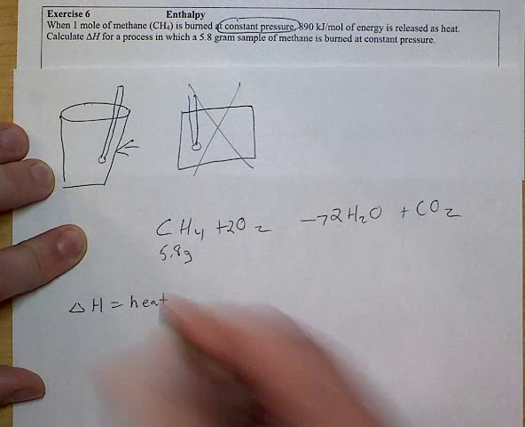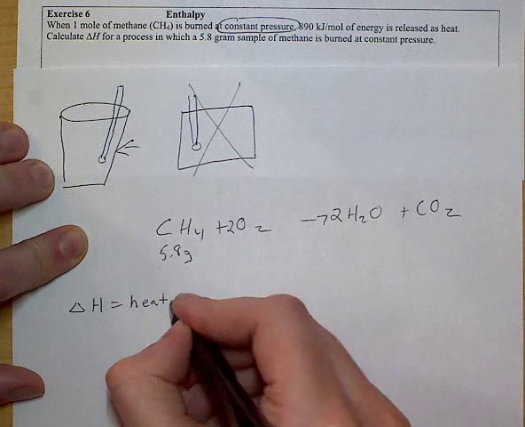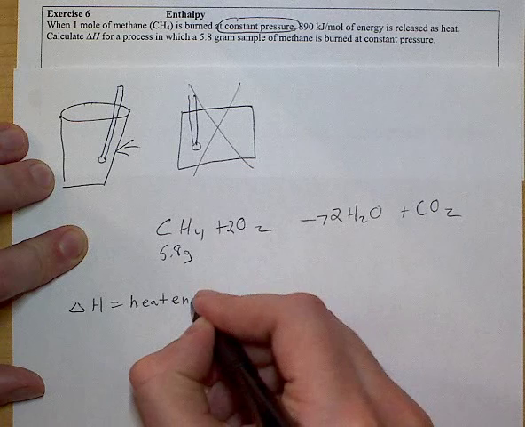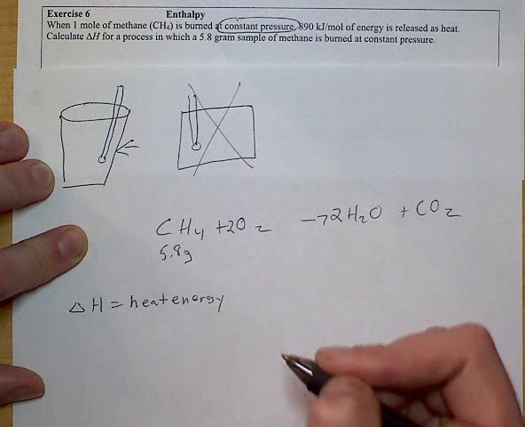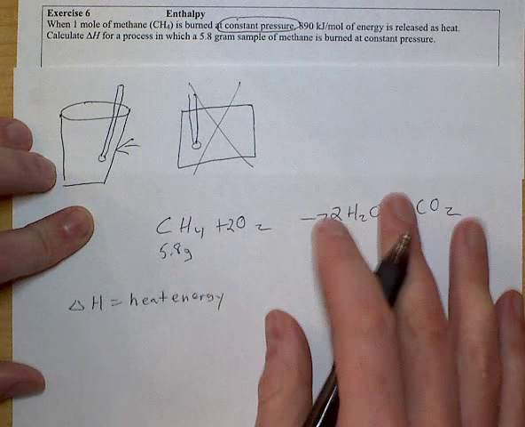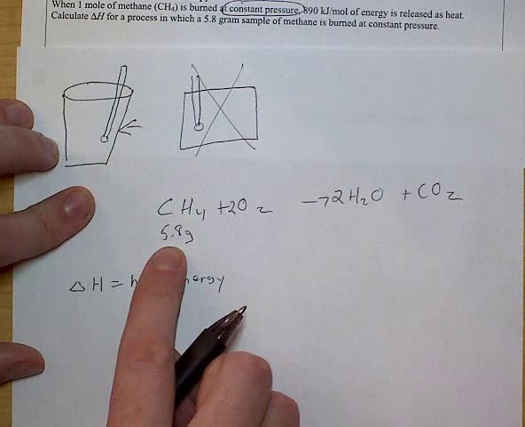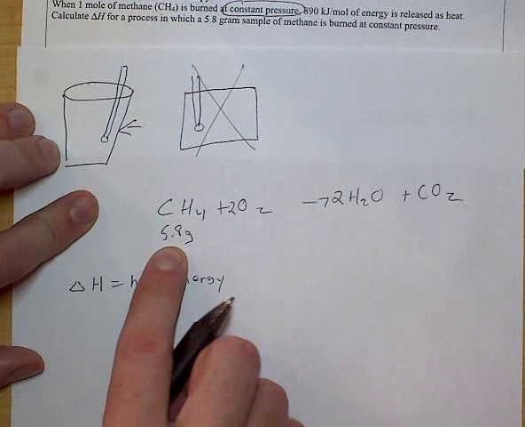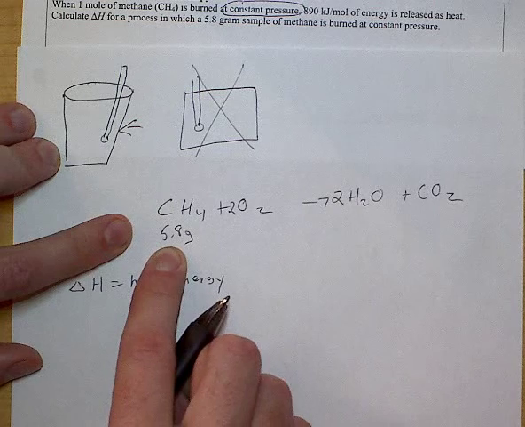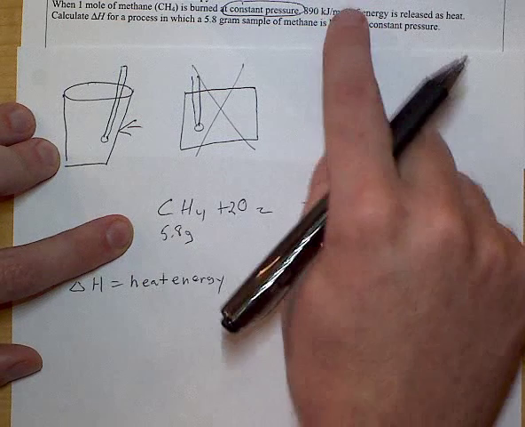So what is the change in the heat energy that is being transferred? Okay, so when I look at this, I have a quantity of CH4 in 5.8 grams. However, I don't have a unit of grams in my problem.